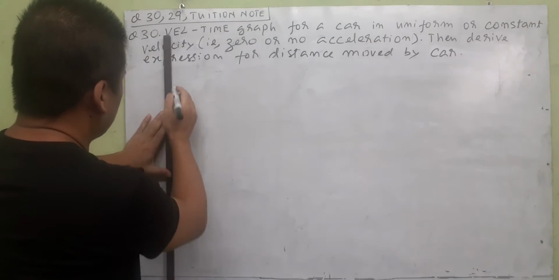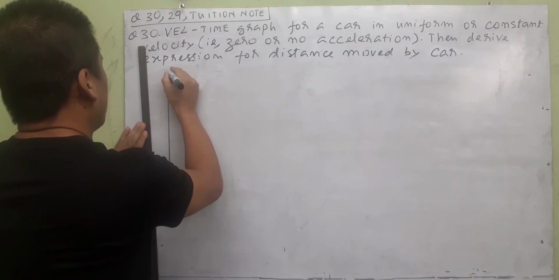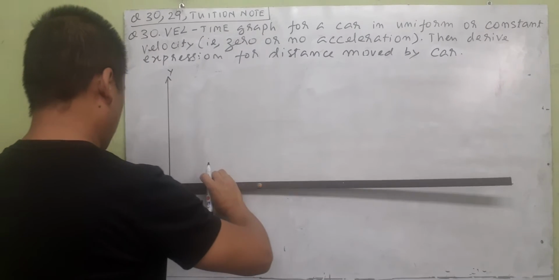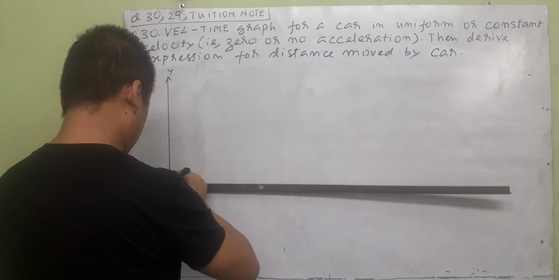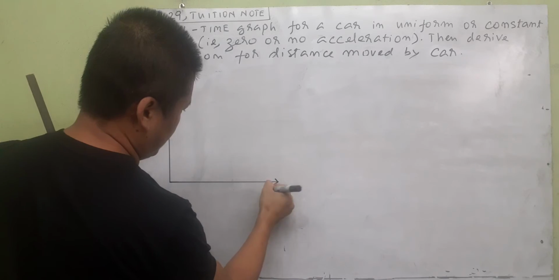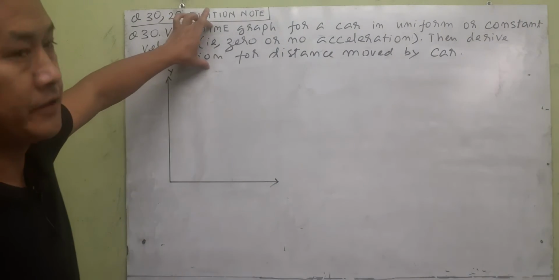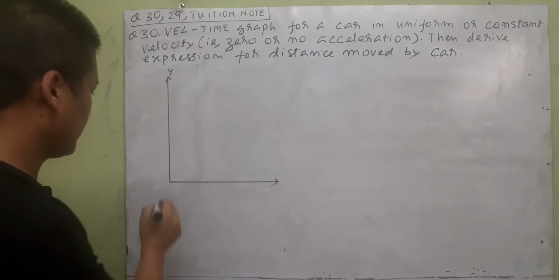Velocity time graph means this one. So we have here the y-axis, and the horizontal line we know is the x-axis. So you also likewise pause the video and write this question and draw this along with me.